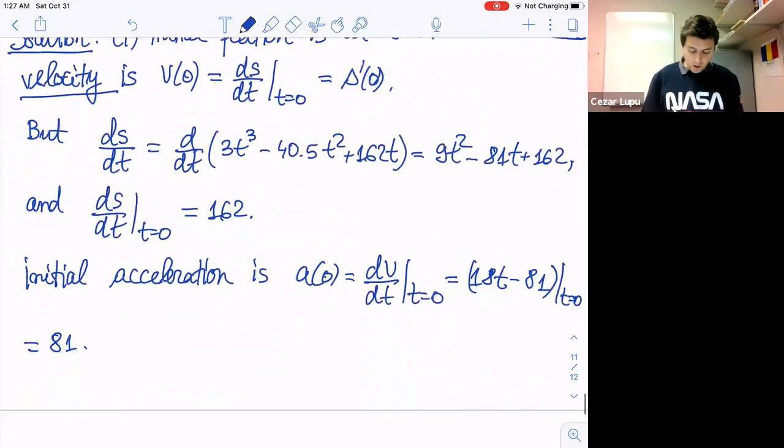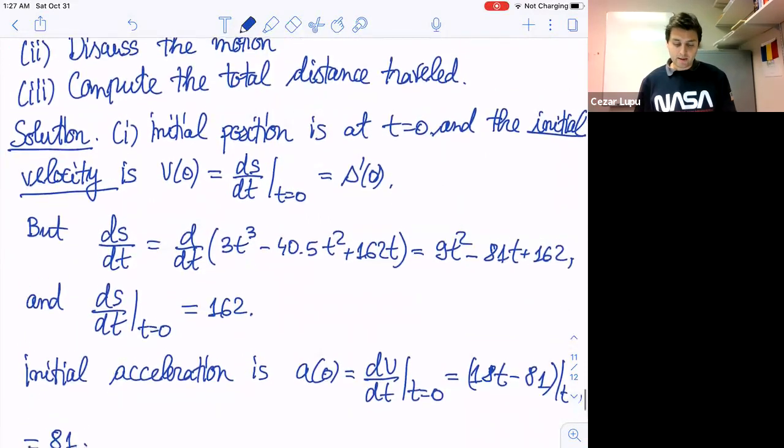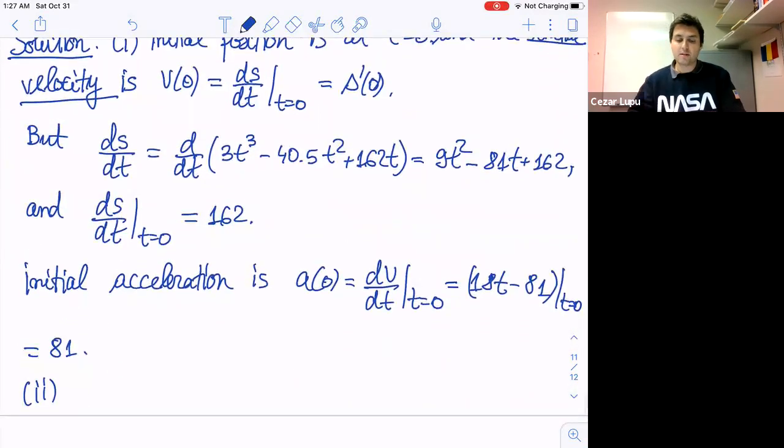Now let's go with the second one. Let's discuss the motion. This is where we would like to see what happens when the velocity is positive, when the acceleration is positive, when it's negative, and so on.